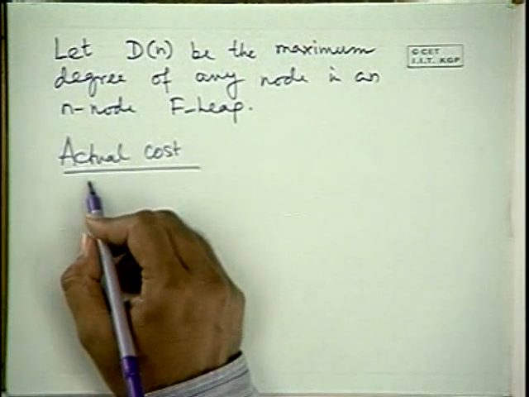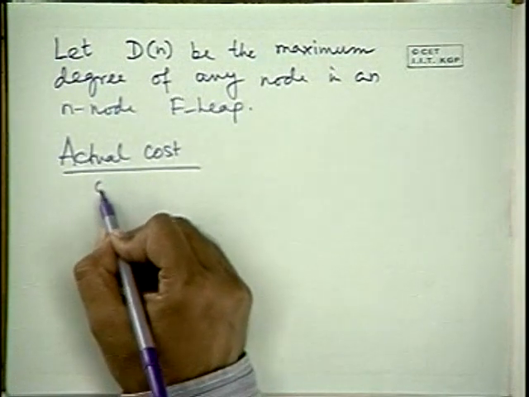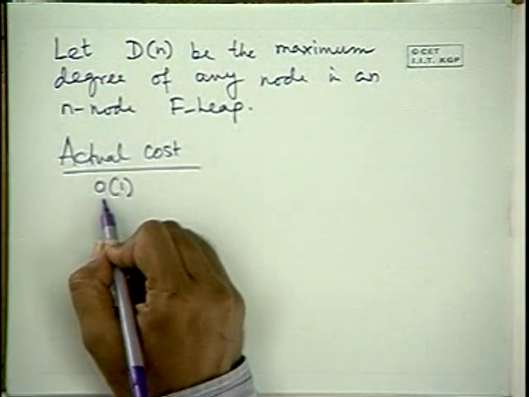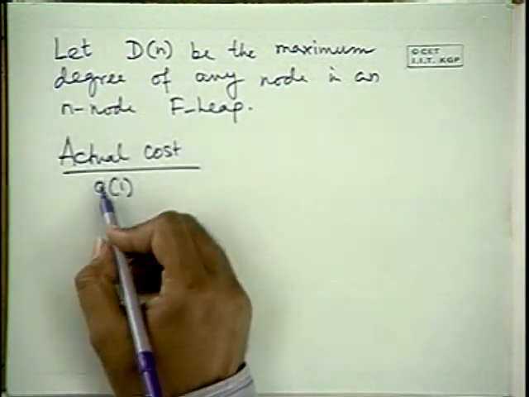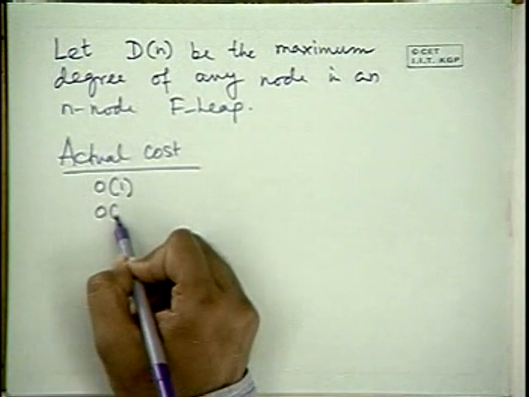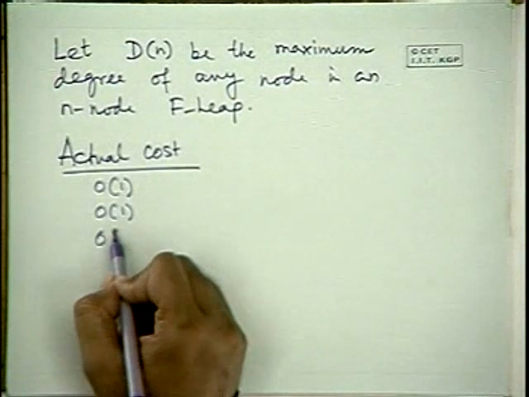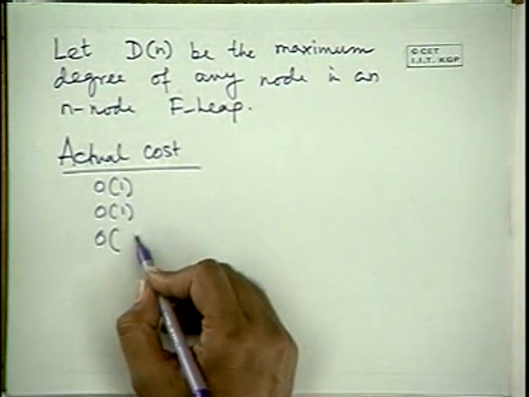Step 1 was what? How much cost does it take? Order of 1. That is, remove the node containing the minimum key. Then step 2 was again order of 1, merging of 2 cycles. Then step 3, how much time does it take?